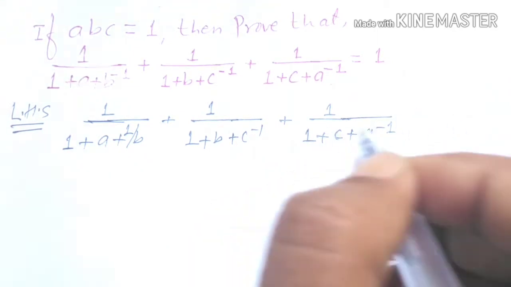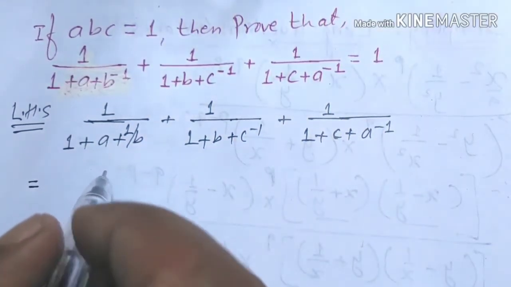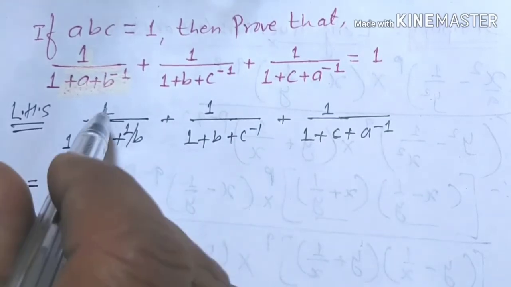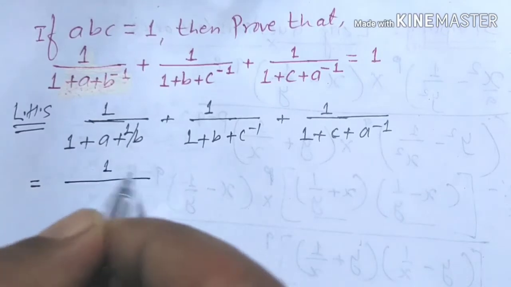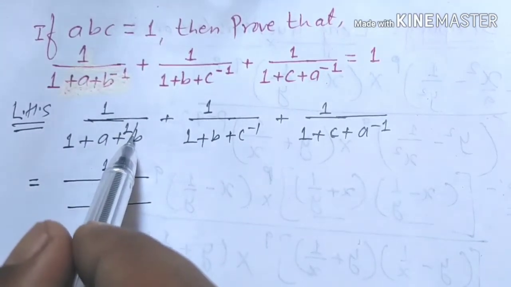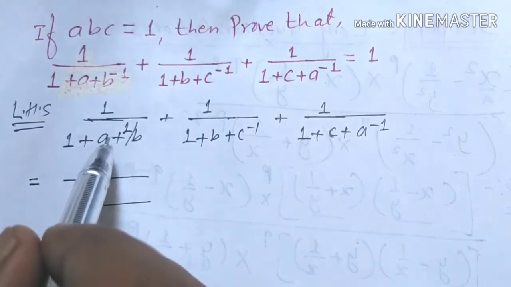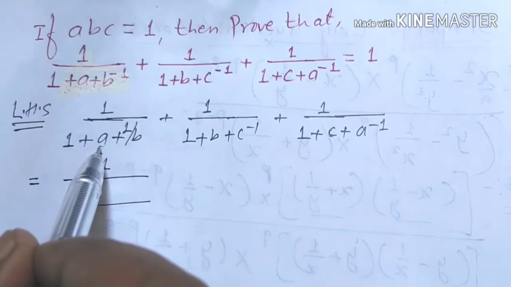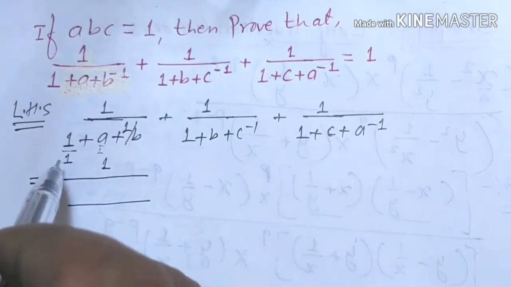Now you can see this is 1 by B, but below 1 there is nothing, so we should consider that there is 1. In place of A there is nothing, so we consider that there is 1. Similarly, here also we consider that there is 1.